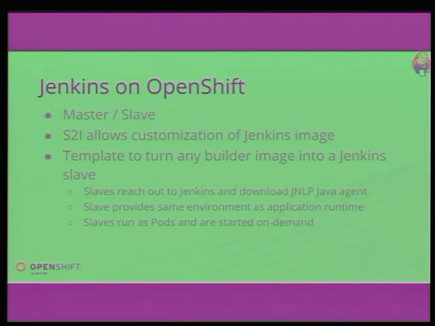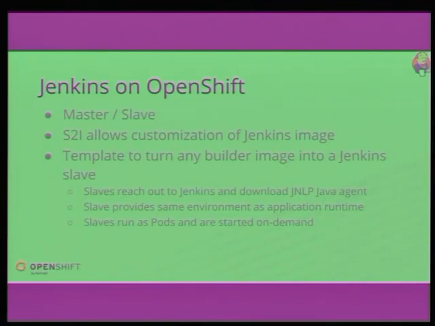What we think is a more cloudish way to do this is to spawn a slave as a pod in Kubernetes when you really need it, right? I don't need to have the virtual machine hanging out, doing nothing. So every time I need to test or build my application, I will just create the pod, run the test or whatever I need there, and get the results back.